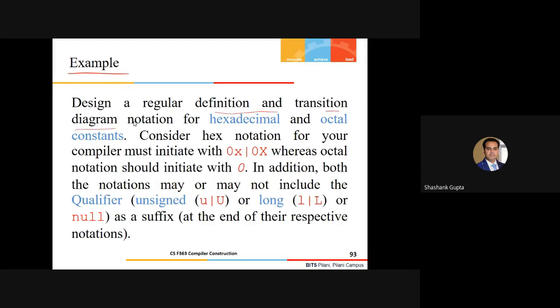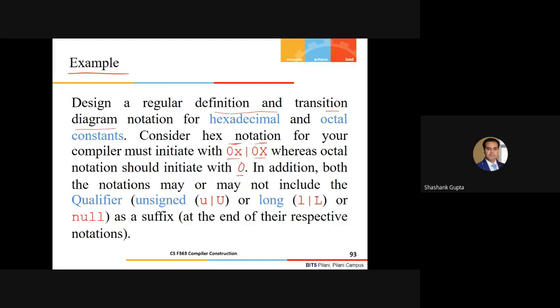And it gives certain customizations also: consider that the hex notation for your compiler must start with the symbol 0x, or 0 with uppercase letter X. Usually, in the unsigned terminology, this is the representation of a hexadecimal constant in C language, so I should start with this prefix, either 0x or 0X in uppercase. Whereas the octal notation should start with 0, simple.